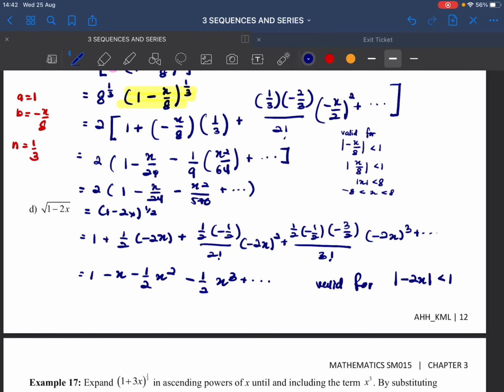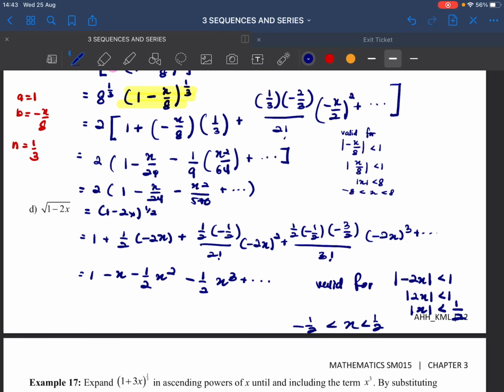So dalam modulus mesti akan sentiasa positif, which means modulus negative 2x sama juga dengan modulus 2x. Okay? So now 2 dekat situ modulus 2 sama je lah dengan 2. So we can bring to the other side. So we will have modulus x is less than, kalau bawa pergi sebelah, here will be 1 over 2. So we will end up with x is between negative 1 over 2 and 1 over 2.